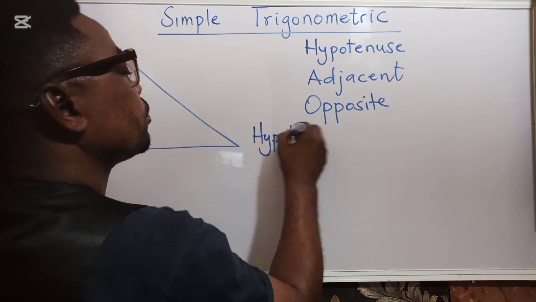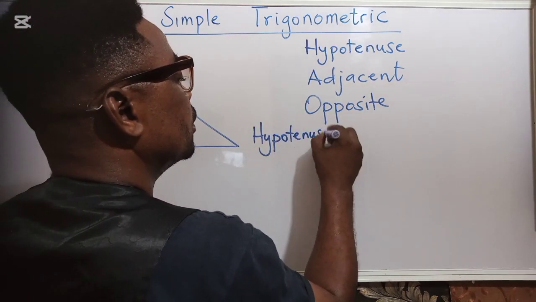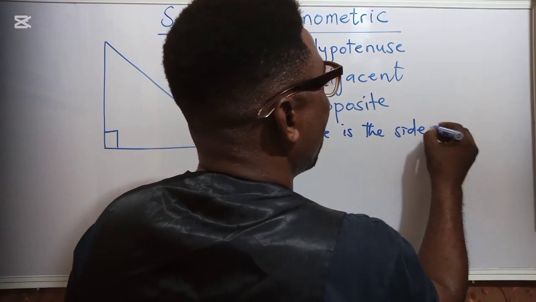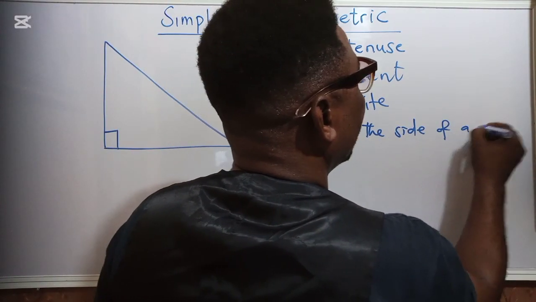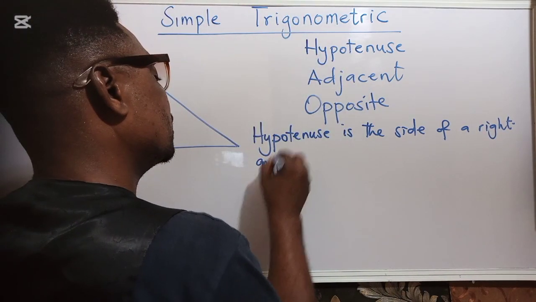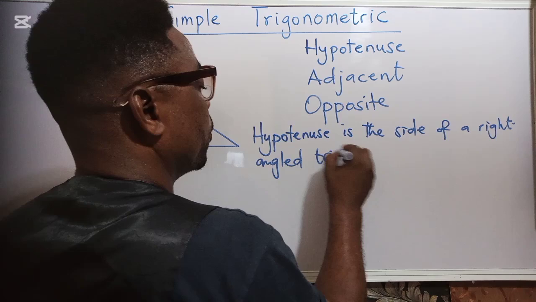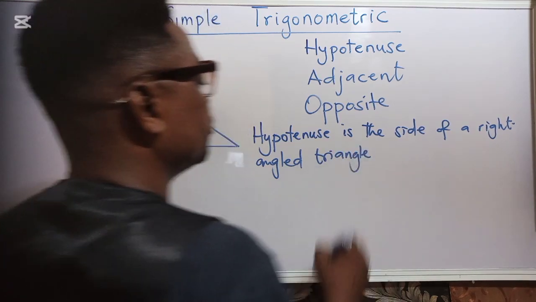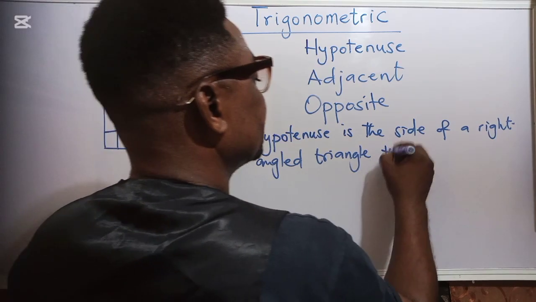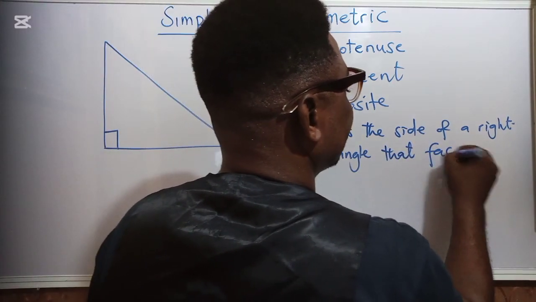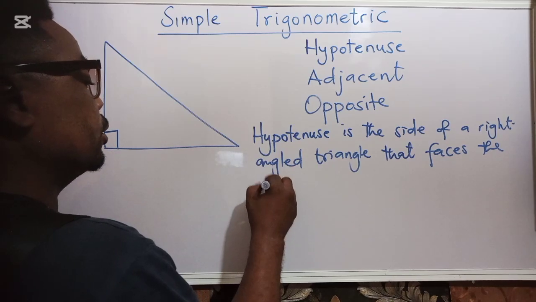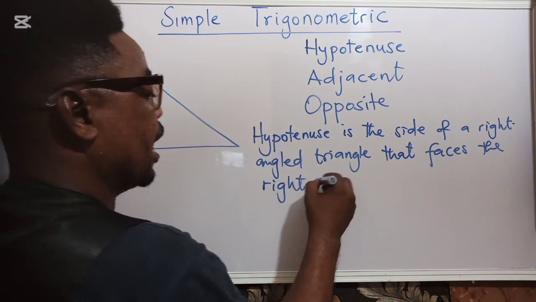Hypotenuse is the side of a right angled triangle that faces the right angle.